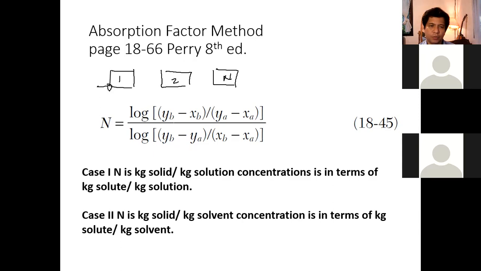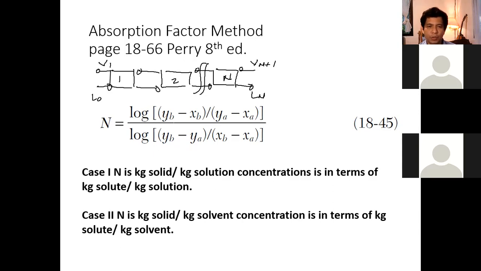Dito pumapasok yung solid. Ito yung underflow, so this is L sub O. Ito yung feed. Tapos ito yung final underflow. Tapos ito yung solvent, B sub n+1. Okay, so nth stages. Ito yung final extract B1.